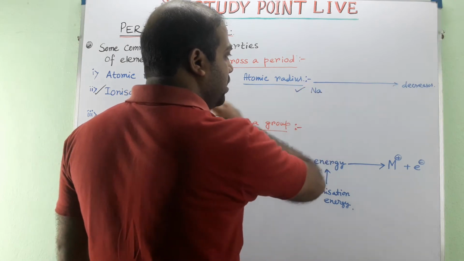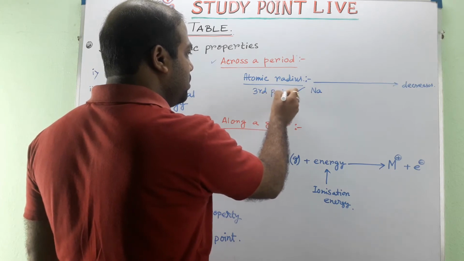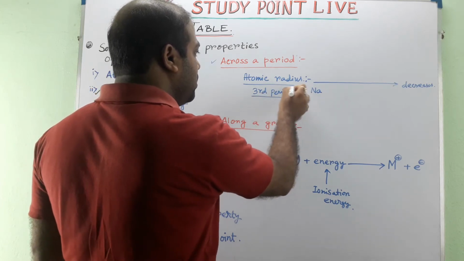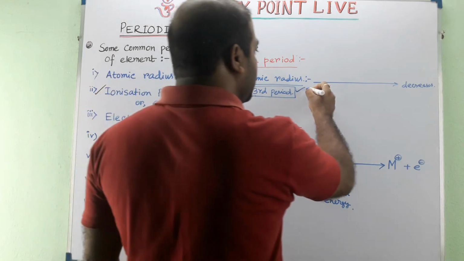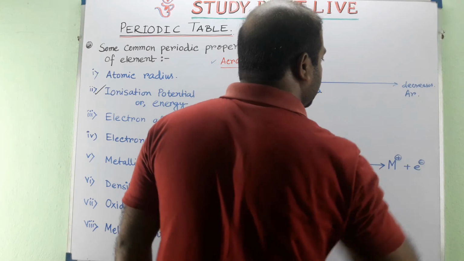We are taking the third period, where the first element is sodium and the last one is argon.